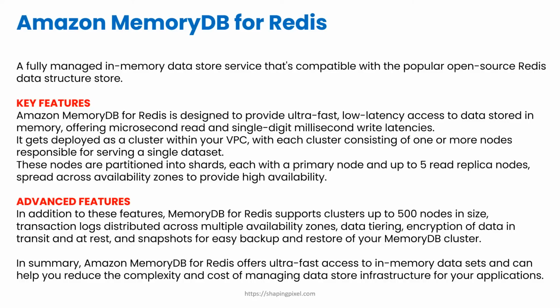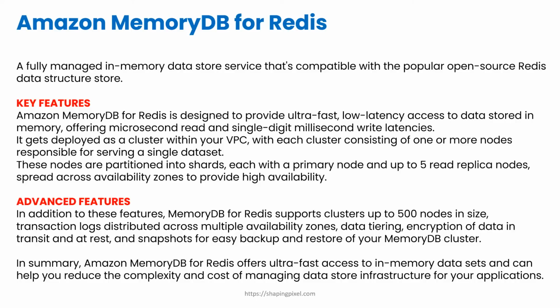It gets deployed as a cluster within your VPC, with each cluster consisting of one or more nodes responsible for serving a single dataset. These nodes are partitioned into shards, each with a primary node and up to 5 read replica nodes, spread across availability zones to provide high availability.